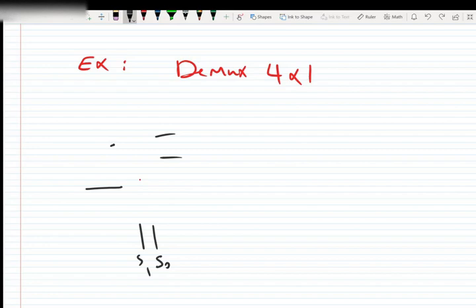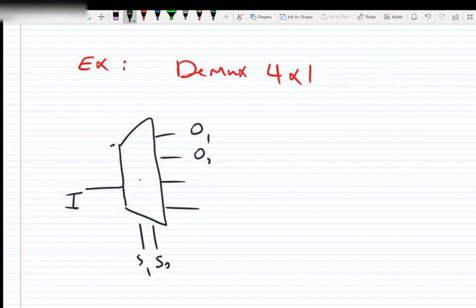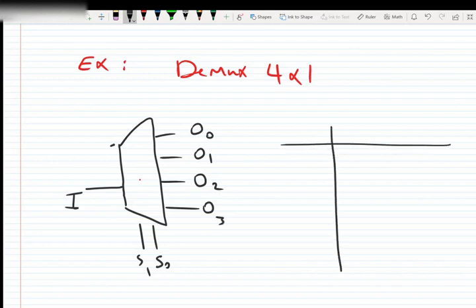Let me draw it again. The input is called I, and the outputs are called O0, O1, O2, O3. Always we start counting from 0 in digital circuits. And this one is the truth table or characteristic table.